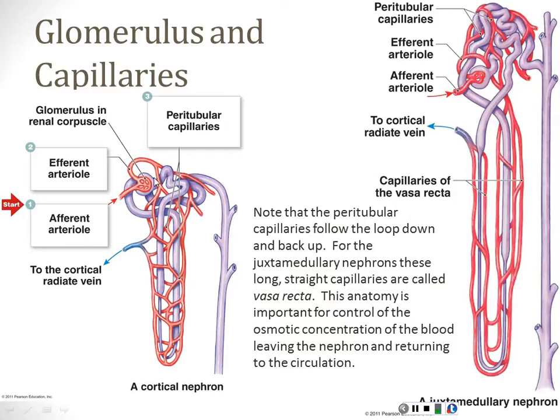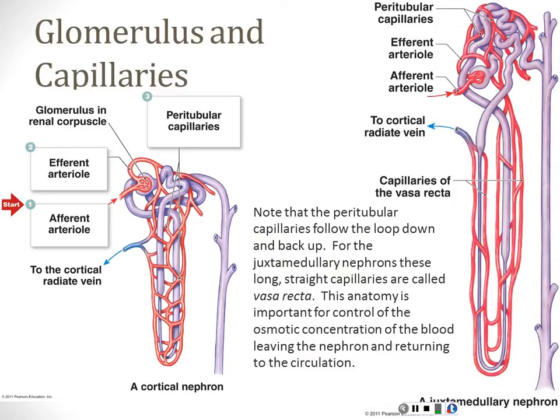Into here. This is that glomerulus, the little tuft of capillaries here. So this is a capillary bed. So this is the first one, okay? These capillaries come back together to form another arteriole. So we have two arterioles, right? Which makes this a portal system.